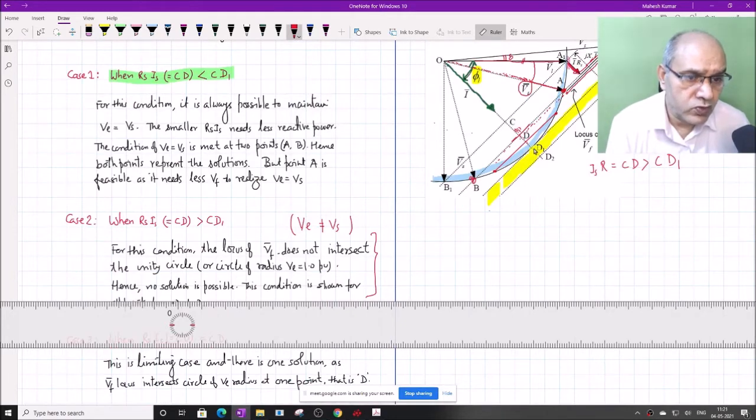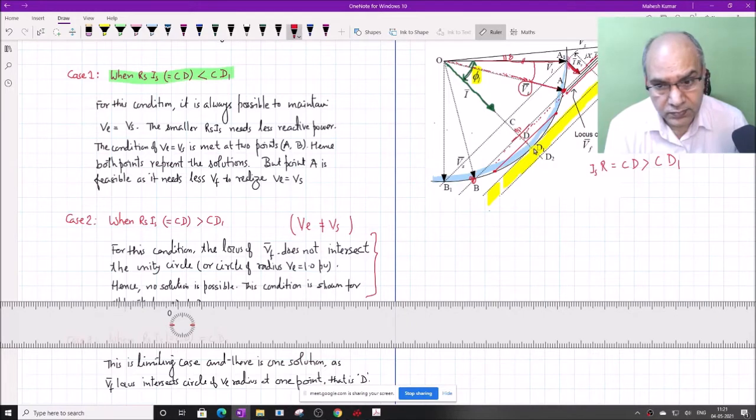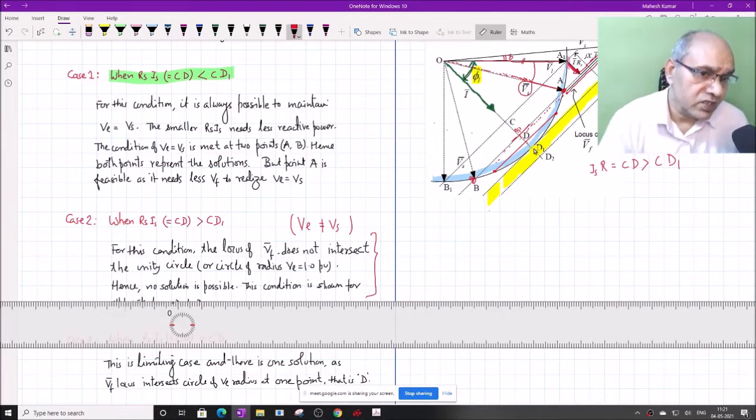There is only one solution, and that is D1. After that, solutions won't exist. So these three points are the conditions which arise when you realize the DVR compensation.